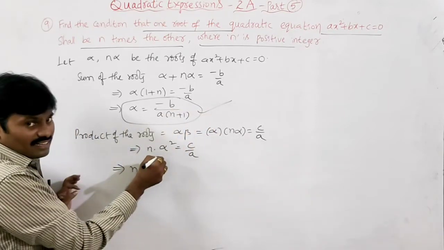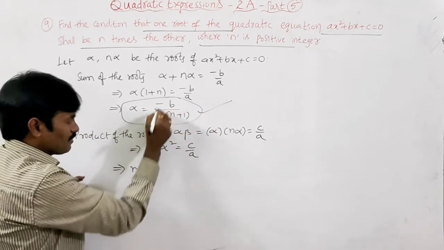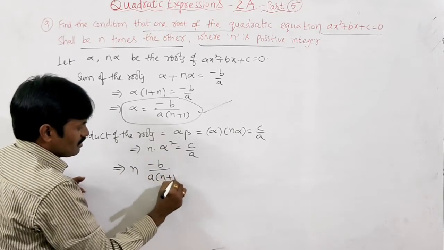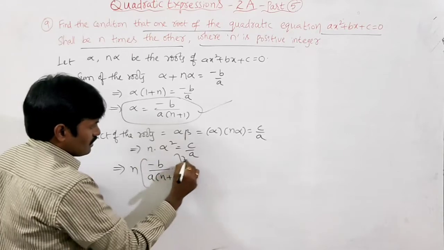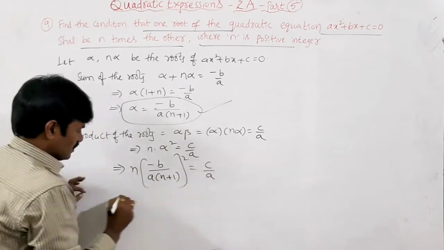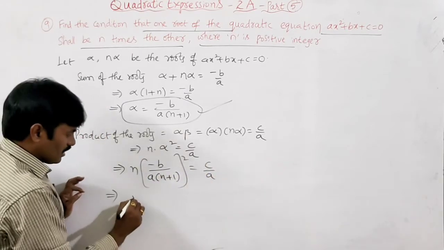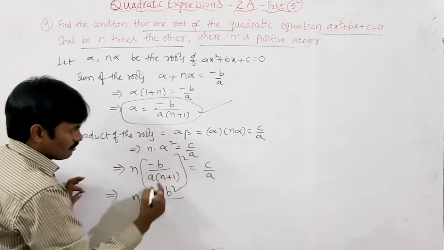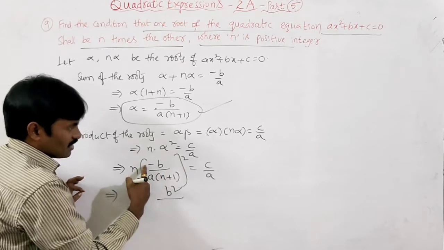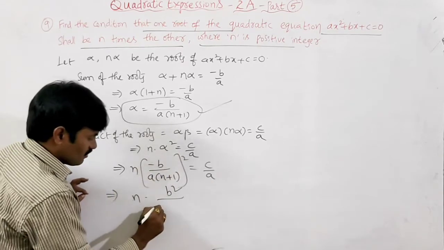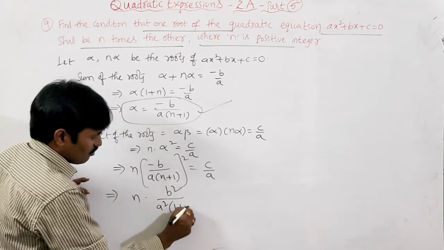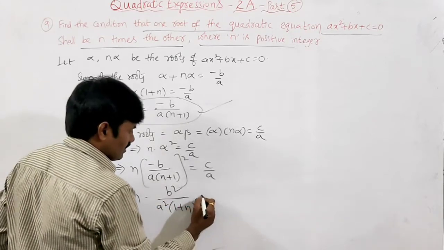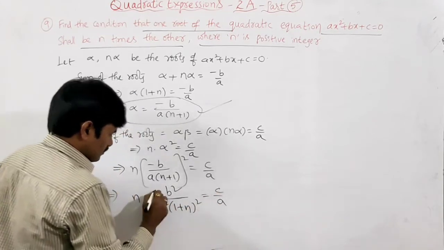So replace alpha by minus b by a into (n plus 1), whole square. Now simplify. n into b square by a square into (1 plus n) whole square, because minus whole square means plus, is equal to c by a.